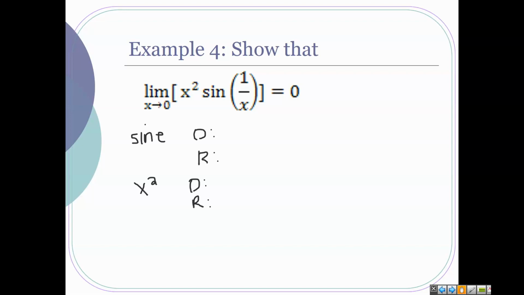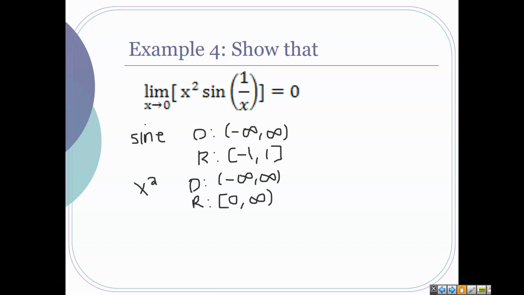So the sine function has a domain all reals and a range of -1 to 1. A quadratic also has a domain all reals and a range of 0 to infinity.